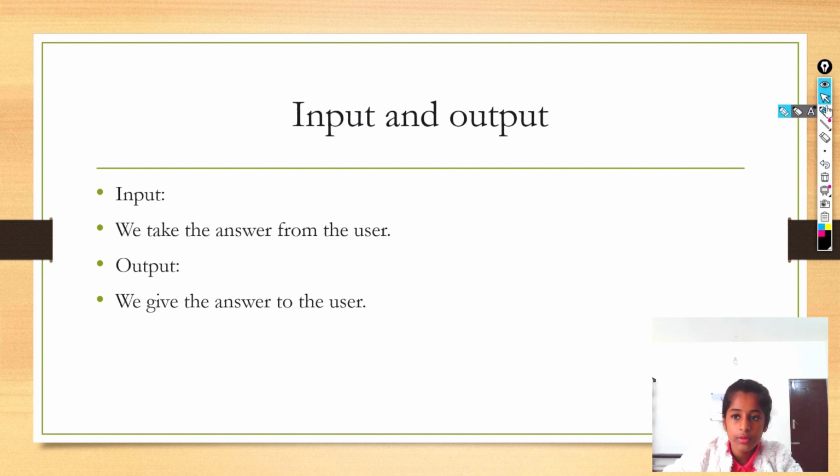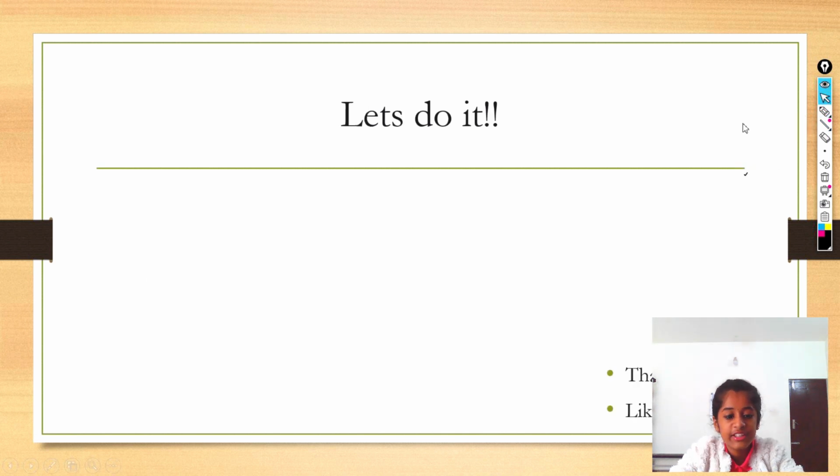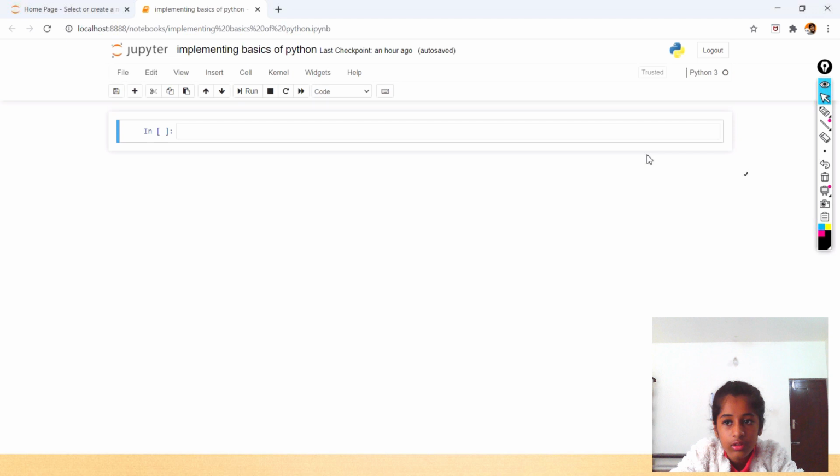So yeah, now we know the basics of them. Let's implement it properly now. Let me come to my Jupyter. First we are going to implement the arithmetic operators. Can you guys tell me what the arithmetic operators are? First one is plus, minus, division, multiplication.